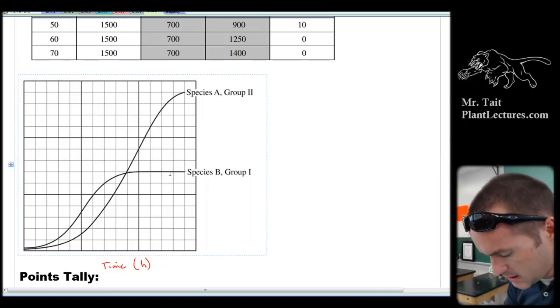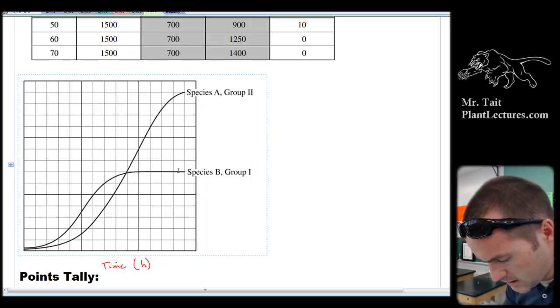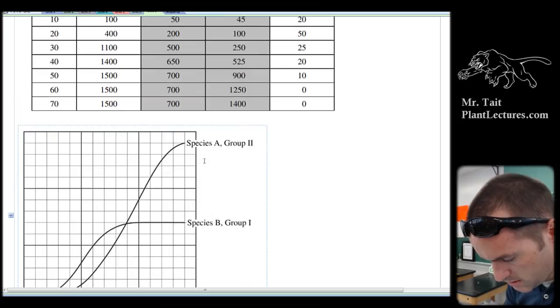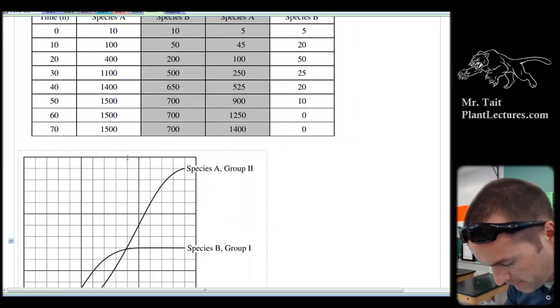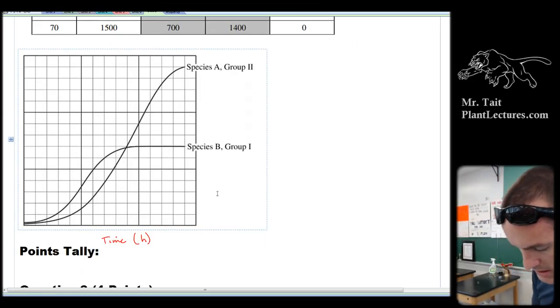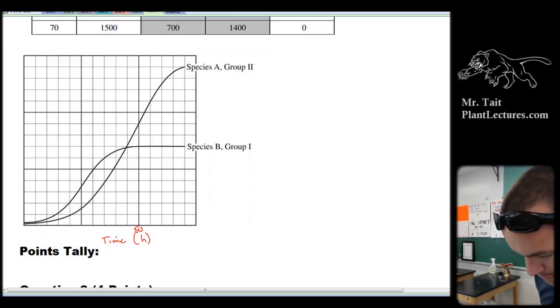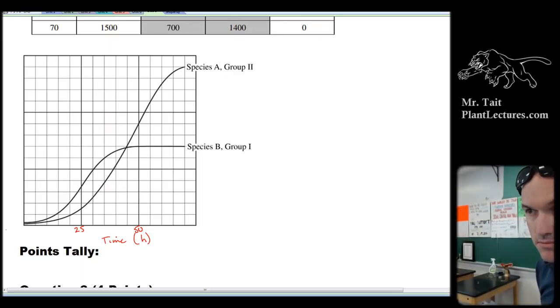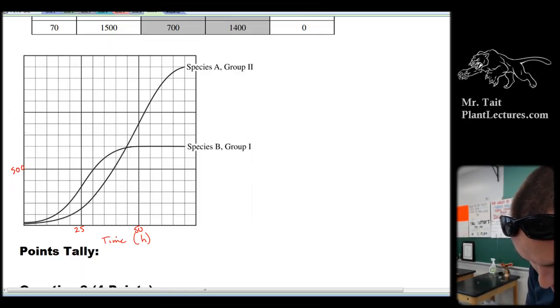And so you see that species B group 1 levels out about right here, right? And so it levels out at 700 at hour 50, right? So we know this is hour 50, which means that this must be hour 25, right? Which means that these are in 5s, right? And then it levels out at 700. So we know this is 700 here, so this must be 500, and this must be 1,000.